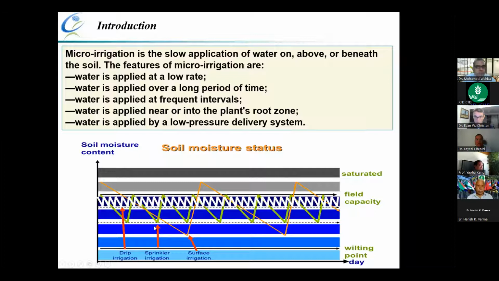This figure shows the soil moisture status under surface irrigation, sprinkler irrigation, and micro-irrigation. The yellow one is for surface irrigation, the green one for sprinkler irrigation, and the white one for micro-irrigation. We can see that when we use micro-irrigation, we can capture the soil moisture condition very well according to the crop characteristics.